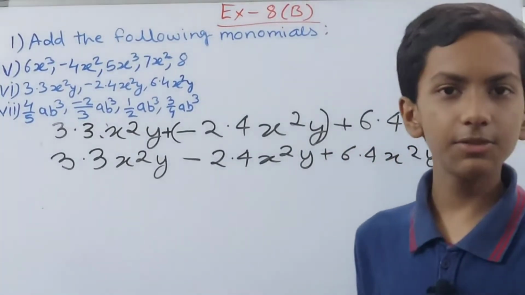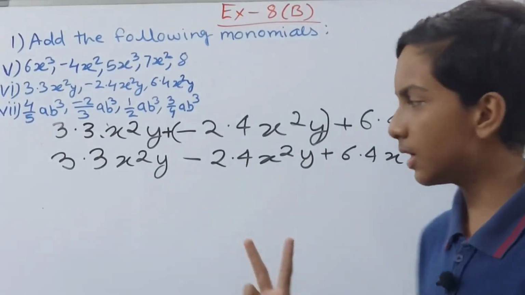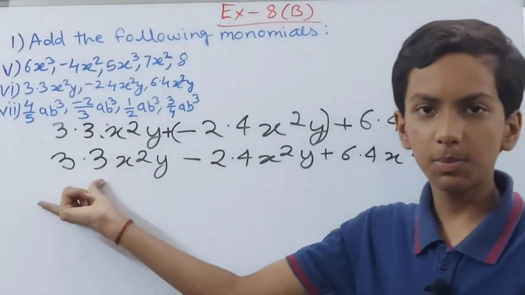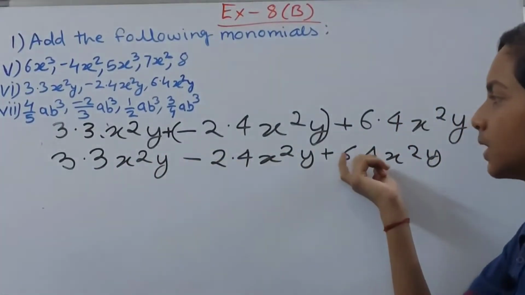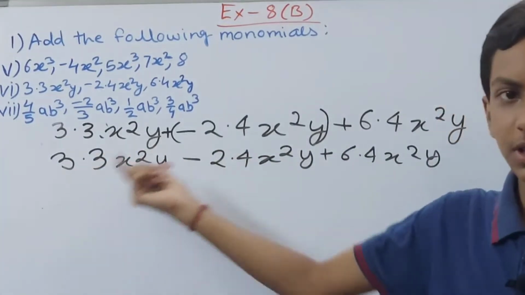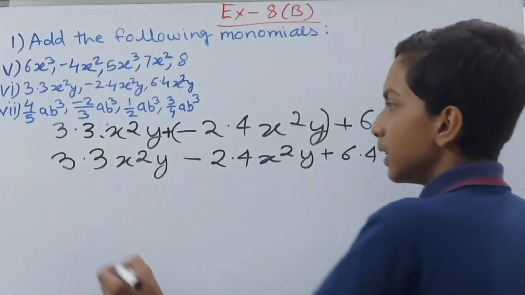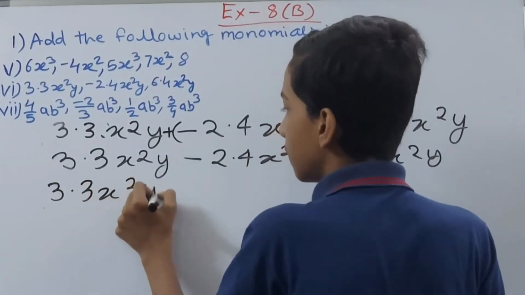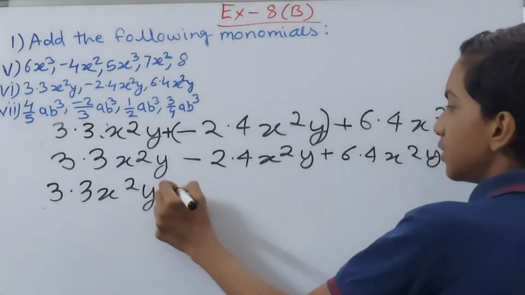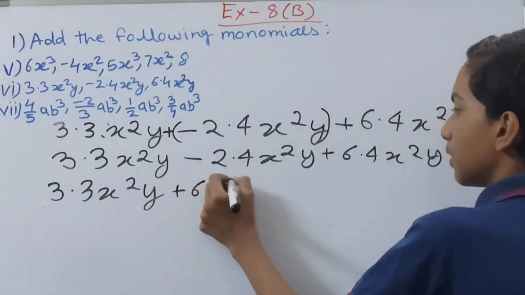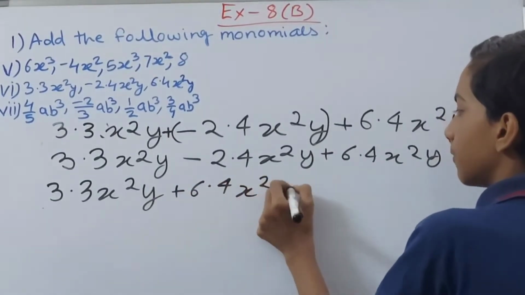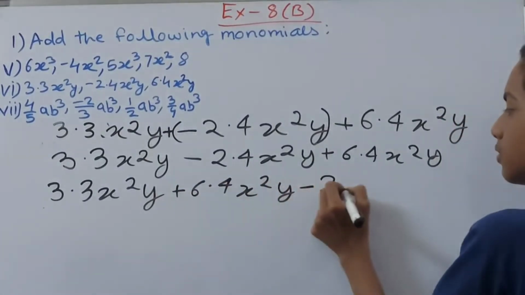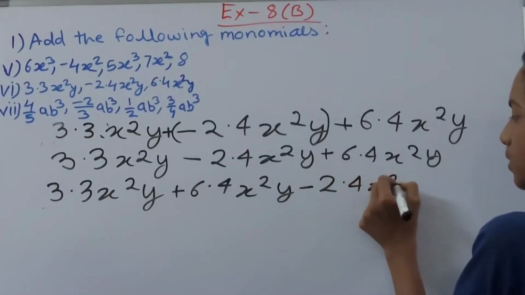In this you can see we have two positive numerical coefficients. This one is plus, this one is also plus, this is minus. So we first add the positive ones, right? Rearrange them, 3.3x square y plus 6.4x square y, and in the last minus 2.4x square y.